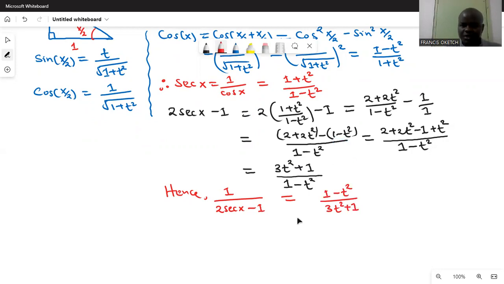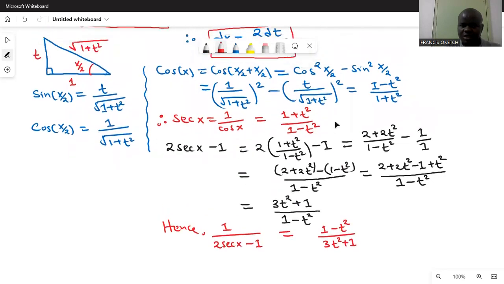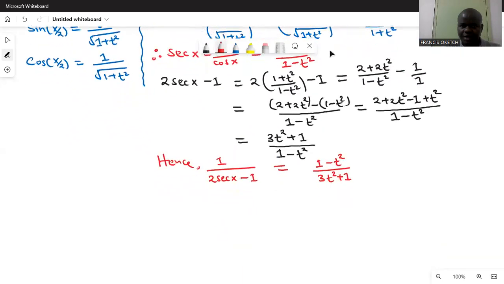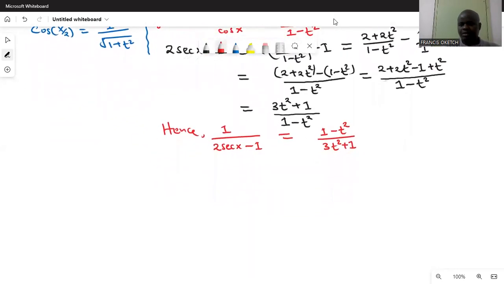Remember, it was with respect to x, and we also know dx in terms of t. So back to our integral. Our integral will now become, let me write it.